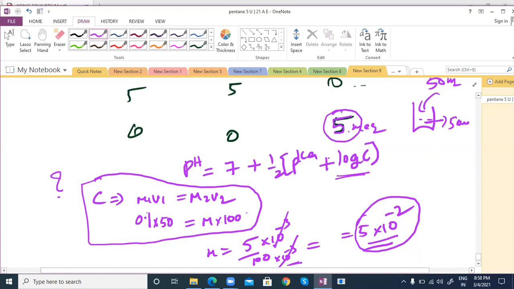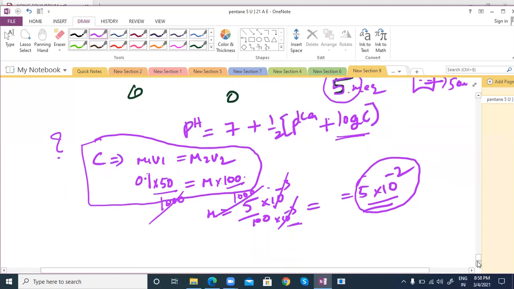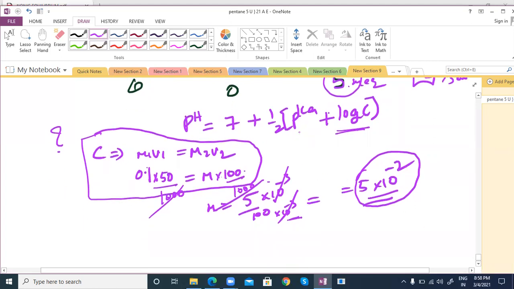Because this is ml, you have to convert to liters by dividing by 1000. Here also you have to convert ml into liters, so 1000 will be cancelled. Nothing is left. Now you can use the formula with pKa value and log C value, then calculate and you will get your answer.